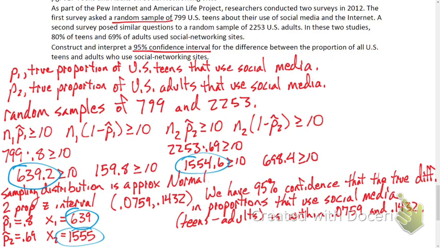So a little bonus statement: with 95% confidence, we know the teen proportion is higher, or greater, than with adults, because the entire interval is greater than 0.